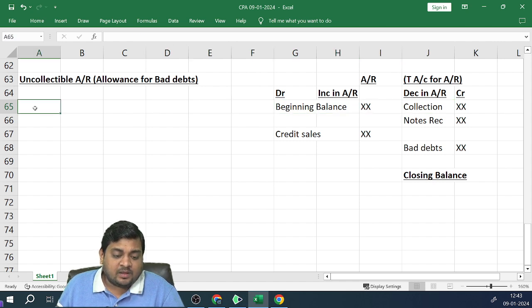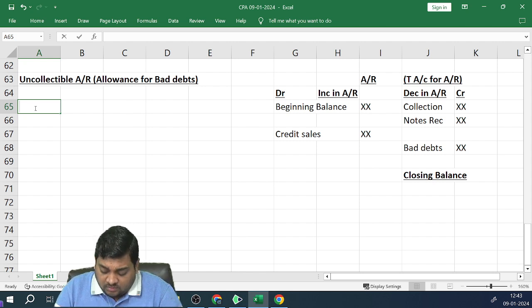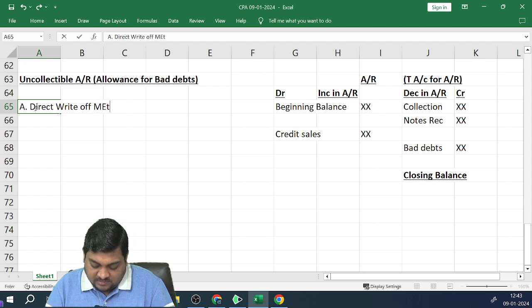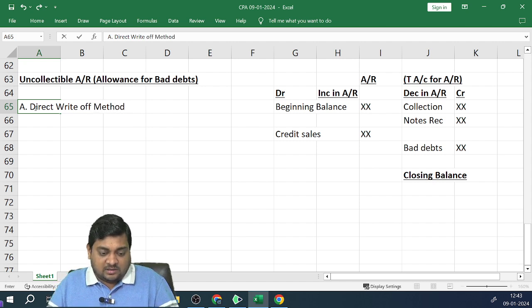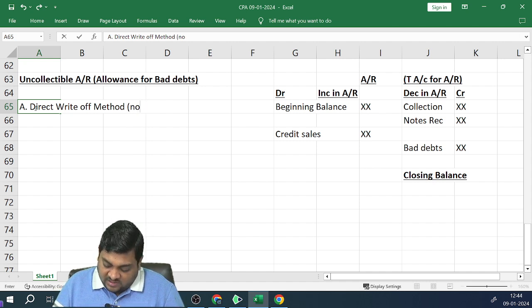Okay. Now, first method is direct write-off method, and I tell you again and again, this is non-GAAP. This accounting is not followed as per GAAP.